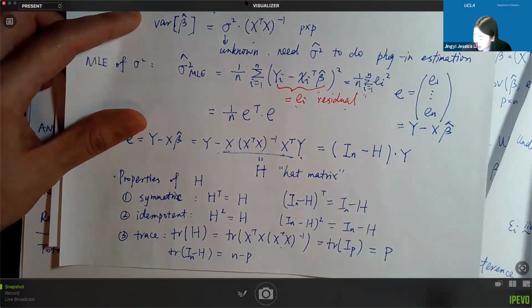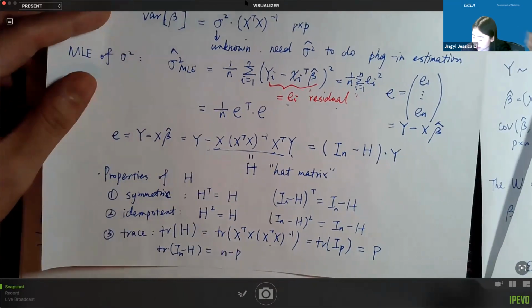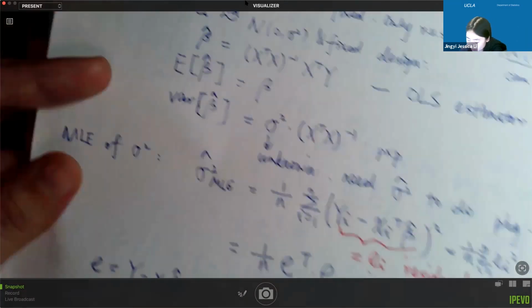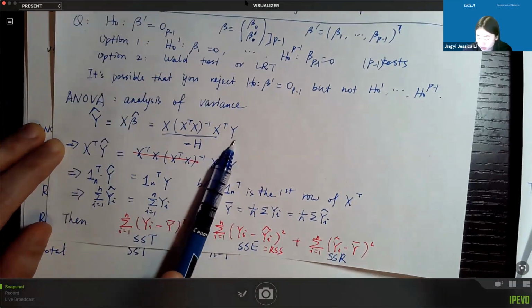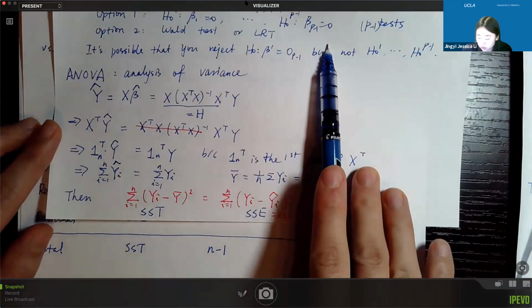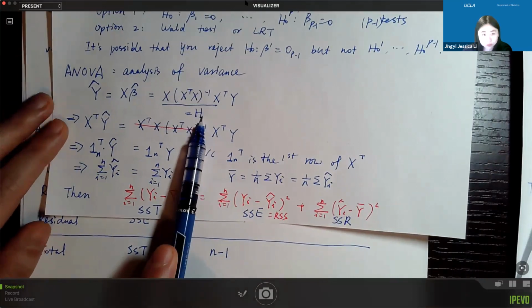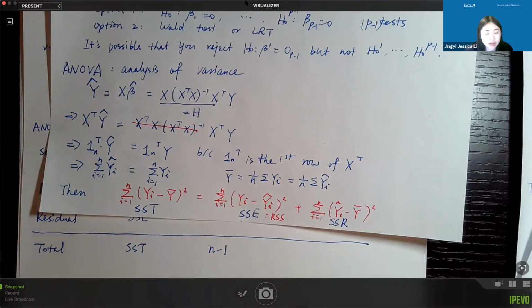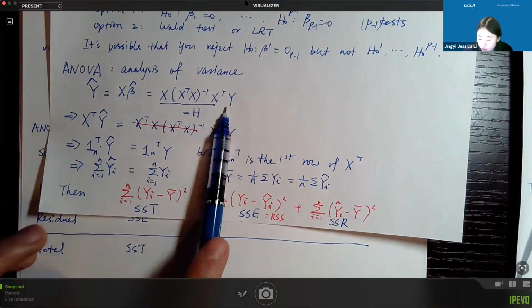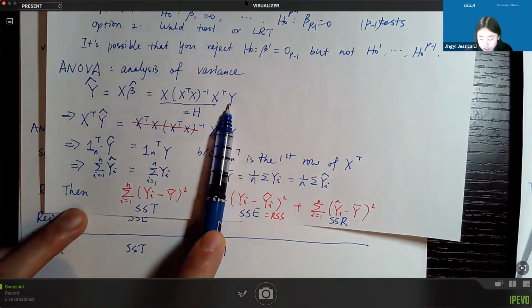Given that y hat equals H multiplied by y, you can essentially think that the degrees of freedom in y hat is p as opposed to n. Let's say that we can consider this y to be a point in an n-dimensional space.